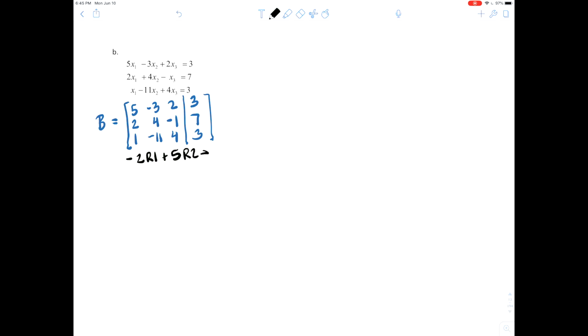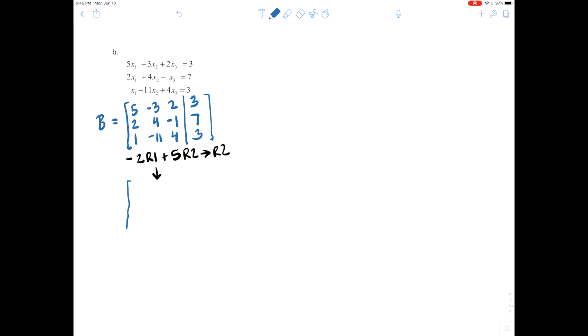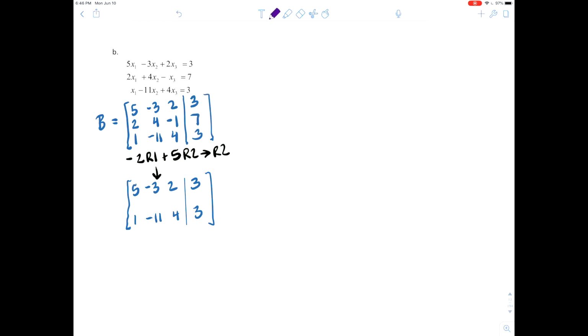And this is going to give us a new row 2. So here we go. Rewriting the rows that aren't changing, so that'd be rows 1 and 3. All right, so our new row 2 is we'll get negative 10 plus 10 is 0 when we do those multiplications.